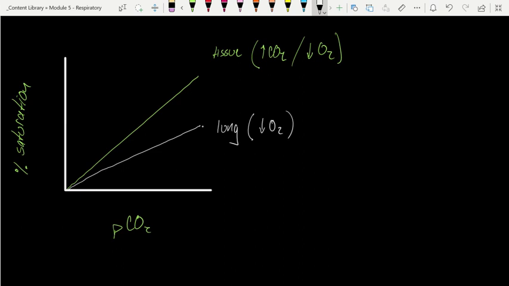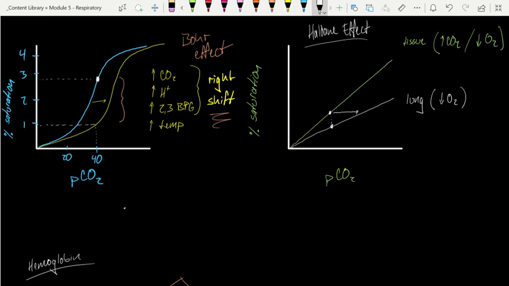But you can see for any given difference in PCO2, very similar to the right shift that we saw with the hemoglobin dissociation curve for oxygen, we also see a right shift here. And this is called the Haldane effect. So if we were to summarize these two effects, if carbon dioxide is high, then hemoglobin's affinity for oxygen is low.